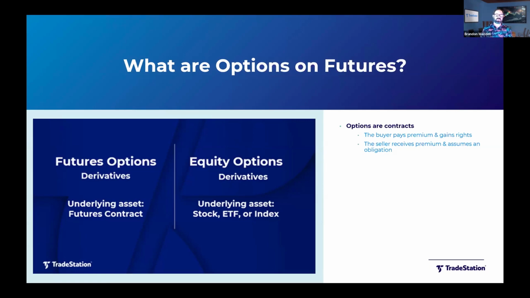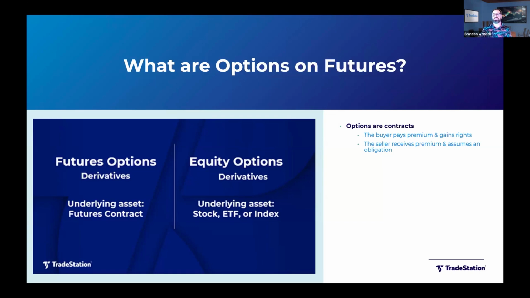A futures contract derives its value from the underlying asset, say gold. The price of the gold futures contract and its value come from the actual underlying gold price, the London Metals Exchange or any other exchange it gets tied to. Options on futures are contracts that derive their value from that futures contract, which derives its value from the underlying asset. So they are derivatives of derivatives.